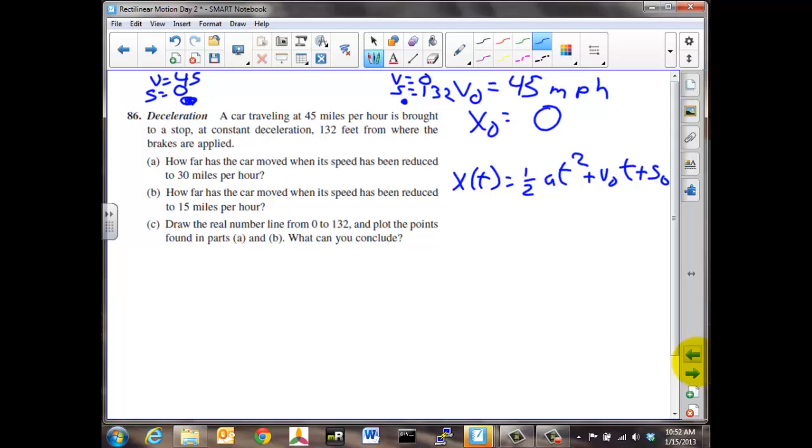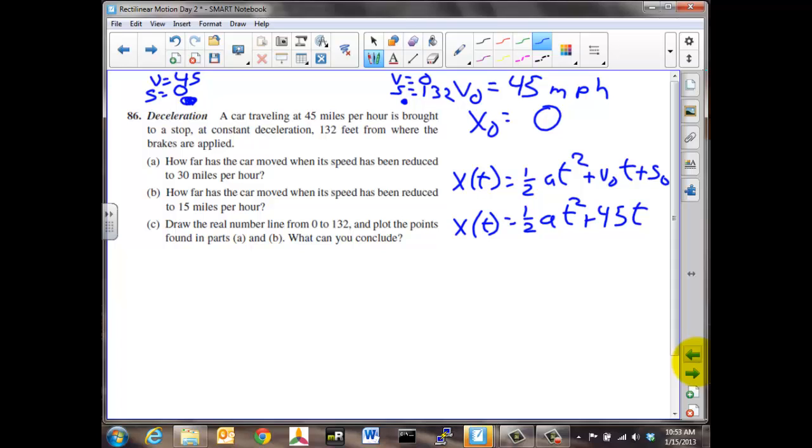If I make it 132 up there, I've got to put 132 in here, and then I'm going to have to do something with that. So let's leave it at 0. I think it'll make it easier for us. So now we can say that our position is 1/2 A T squared plus 45T, because plus 0 is no need to write it down. Now we don't know what the acceleration is, do we? We're just told that it's a constant deceleration.